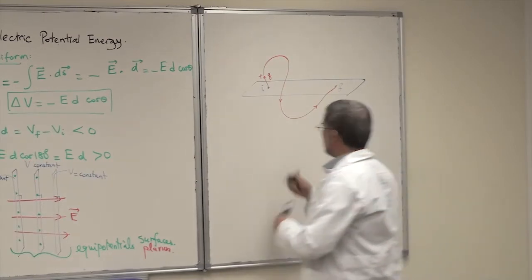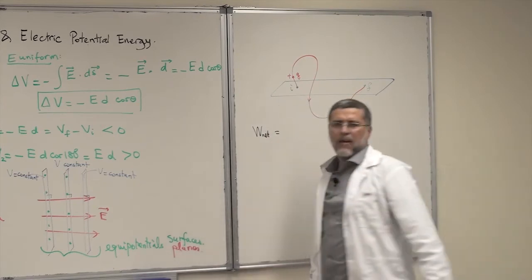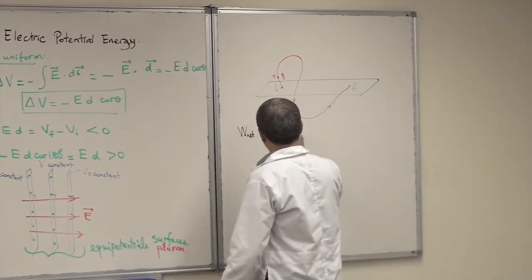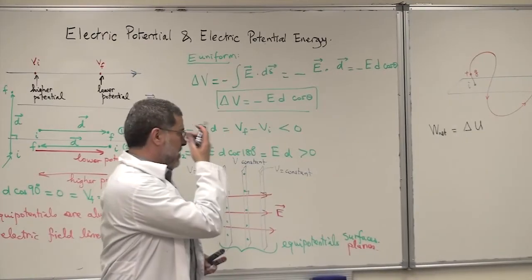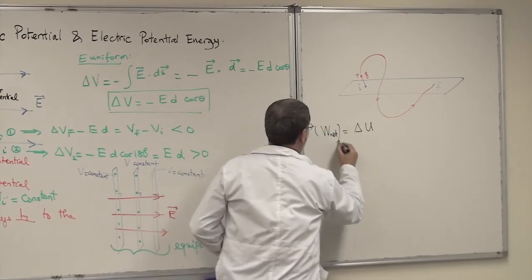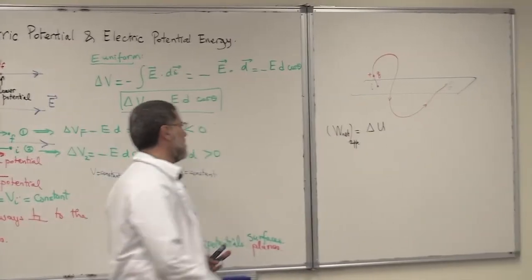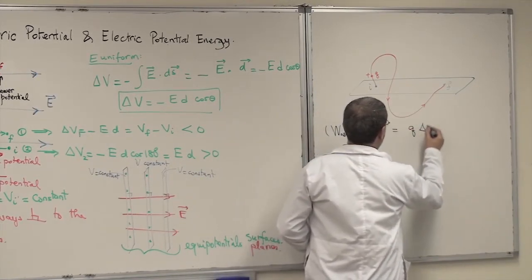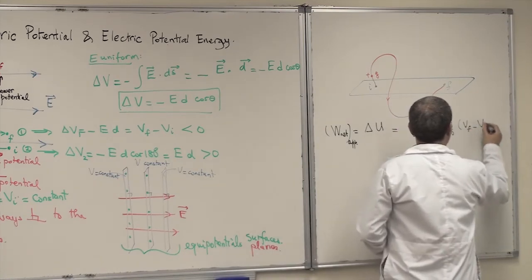What is my net work, W net, done by me, to move it from I to F? The net work is equal to the change in what? Potential energy. This is applied by me. I'm moving the charge, and this is equal to delta U, which is Q delta V. So it will be Q times V final minus V initial.